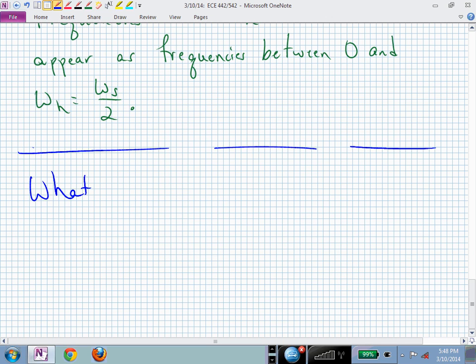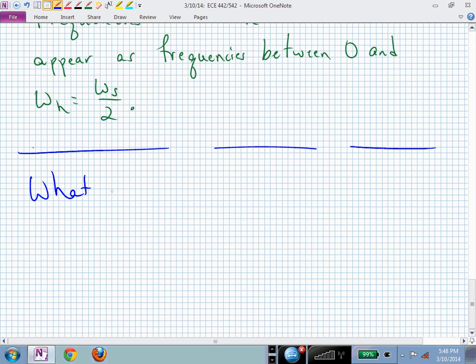We can only really walk up as high as half the sampling frequency, and then we're basically done. Anything higher than that is going to get flipped back or aliased back or folded back into 0 to omega sub s over 2. So when I say you're walking up basically as high as we can go, that is determined by how fast we're sampling.